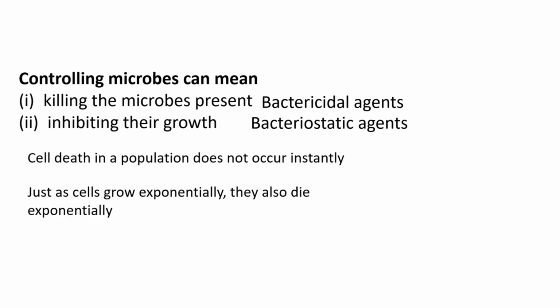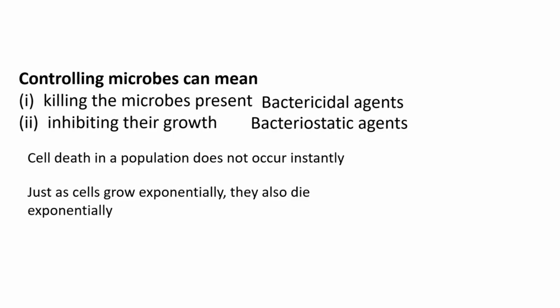Exponential death means that they die at some fractional rate per unit time. If 50% of the microorganisms in a population die every minute, then after 2 minutes, there will be 25% still alive. After 3 minutes, there will be 12.5% still alive. And after 4 minutes, there will be 6.25% still alive, and so on.